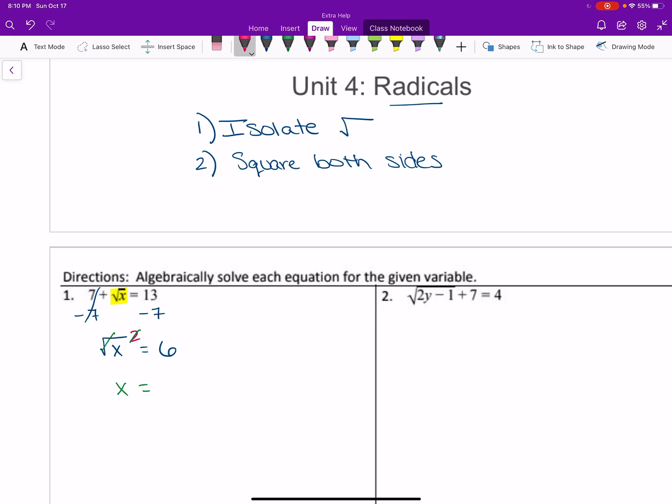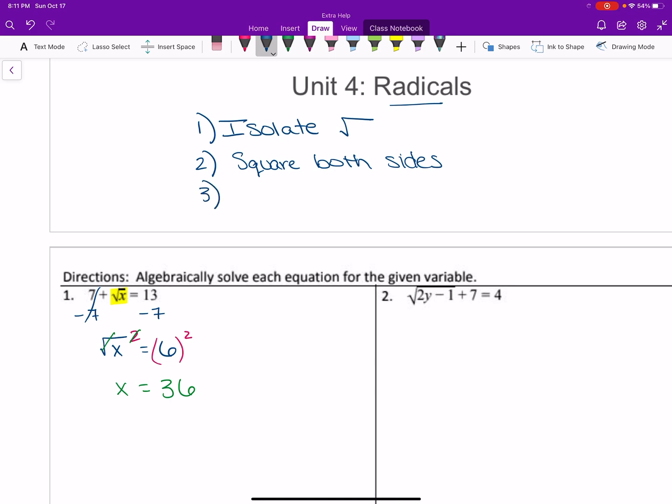But if I'm going to square the left side, I also have to square the right side, and 6 squared is 36. Now in this case, we lucked out that once we did that, the x was already by itself and we no longer had to solve anything.